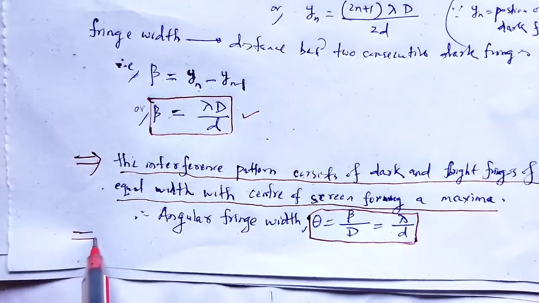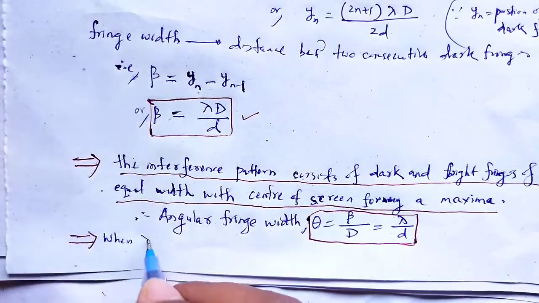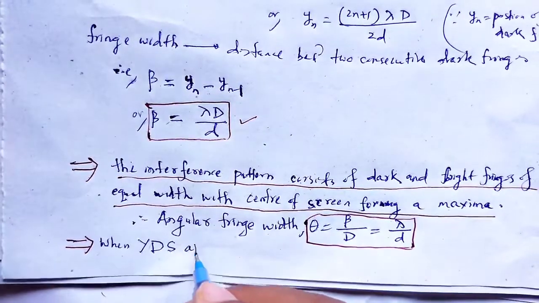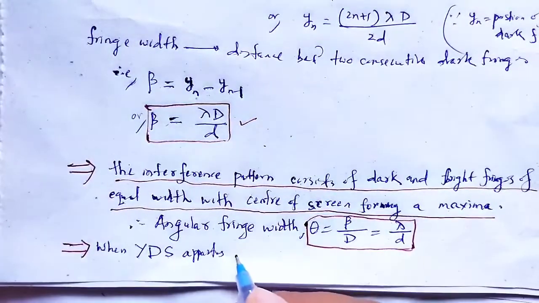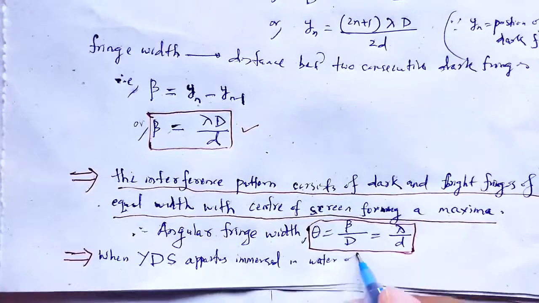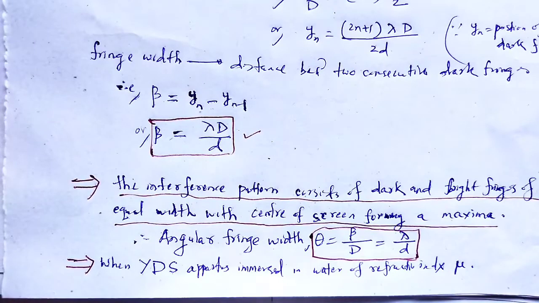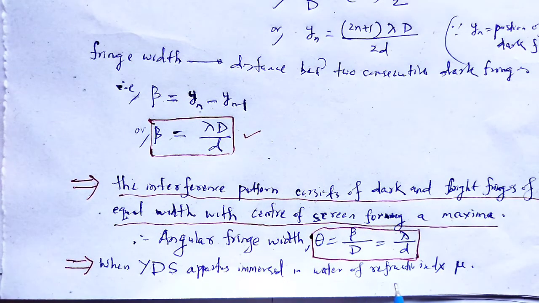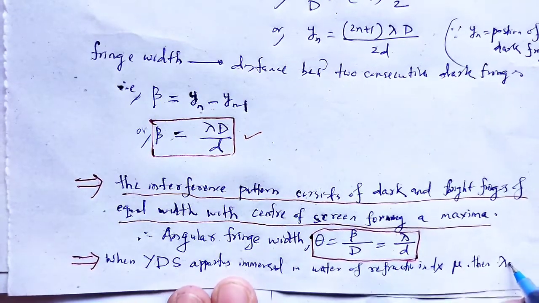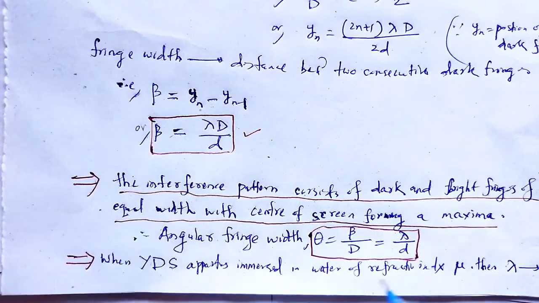When the Young's double slit experiment apparatus is immersed in water of refractive index mu, then wavelength lambda changes to lambda dash.